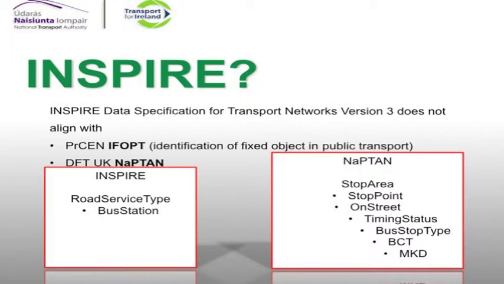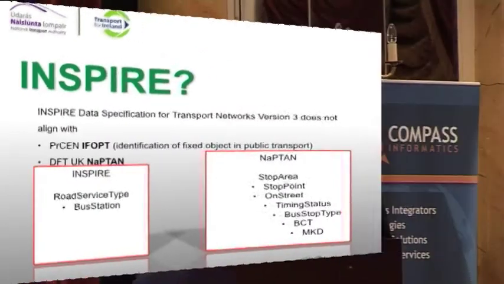And as you can see there, Inspire has a road service type called bus station, but NaPTAN has a richer way of describing a bus stop. So I think what we're going to do here in Ireland is wait for the high priests of NaPTAN in the Department for Transport UK, now that they're finished with the Olympics, to try and bring some alignment between Inspire and NaPTAN.